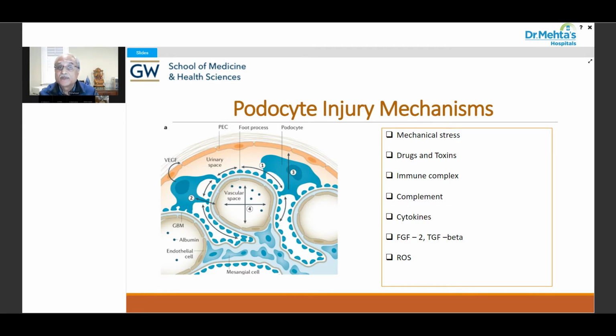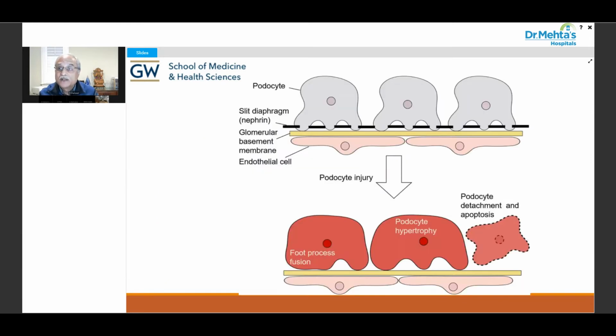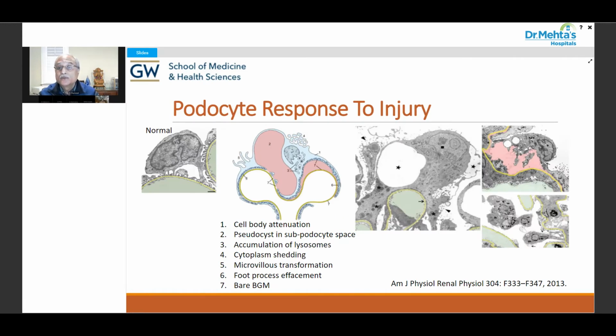Any of those elements can lead to podocyte injury. As we have talked about previously the gradation of podocyte injury, I will not go into more detail. Now, let's look at what you see as podocyte injury when you have electron microscopic pictures available to you. And again, this may be helpful in understanding what injury does to podocytes.